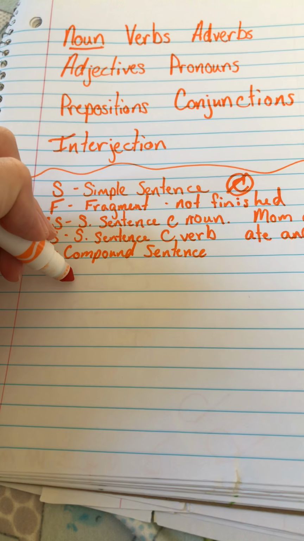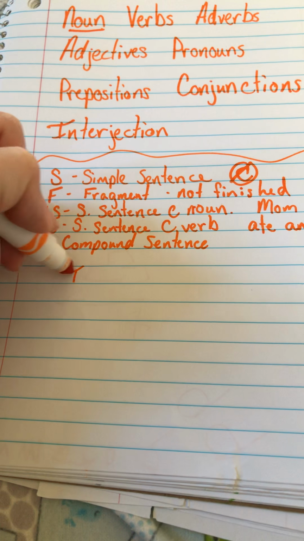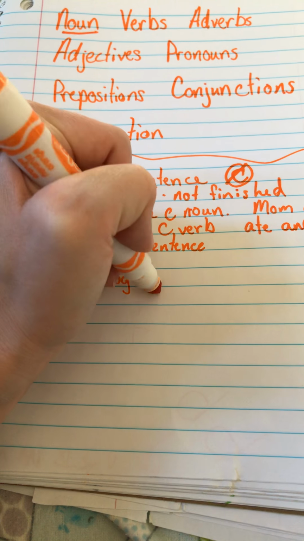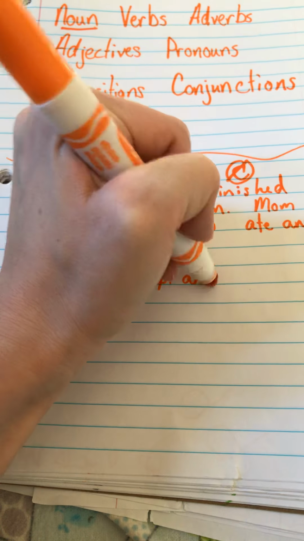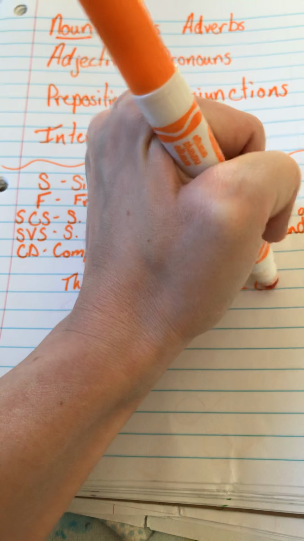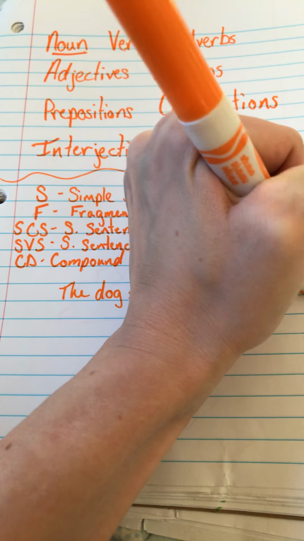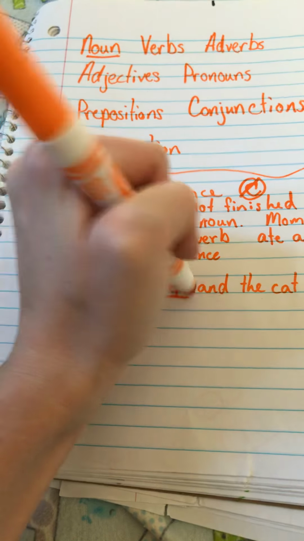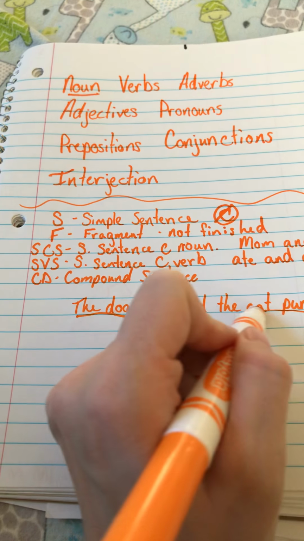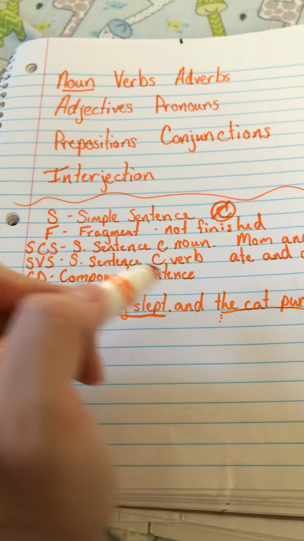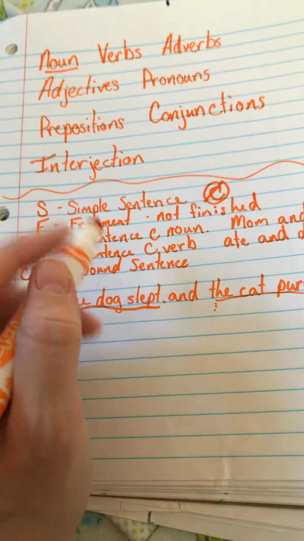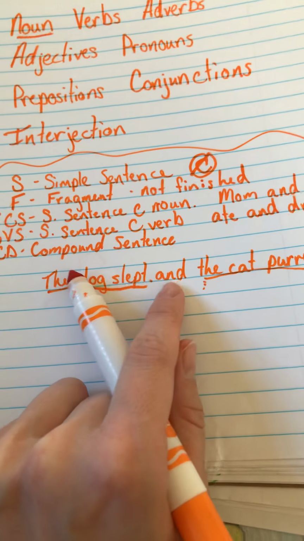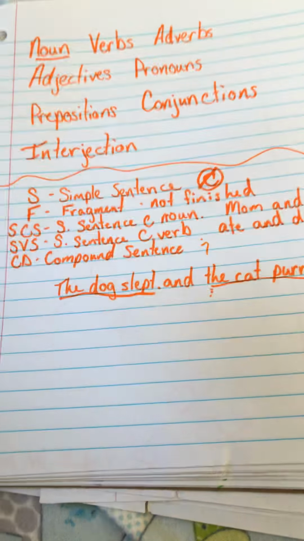So that could be like, the dog slept and the cat purred. The dog slept could be a sentence on its own, period. The cat purred could be a sentence on its own. Those are two independent clauses because they can be sentences on their own. And it's combined with an and, or but, or sometimes a semicolon.